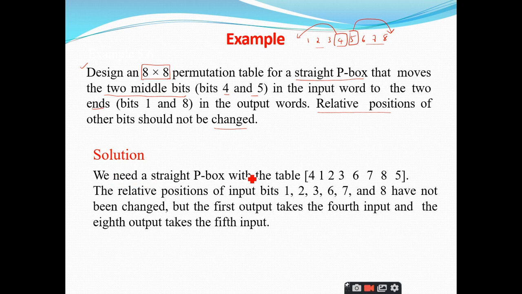We need a straight box with the table, simple, right? So 4 has been thrown to the left hand side and 5 has been thrown to the right end, and the remaining positions 1, 2, 3, 6, 7, 8 remain as they are. This is how we are going to design a straight P box. It's a simple example by taking 8 inputs and 8 outputs. Is it clear?